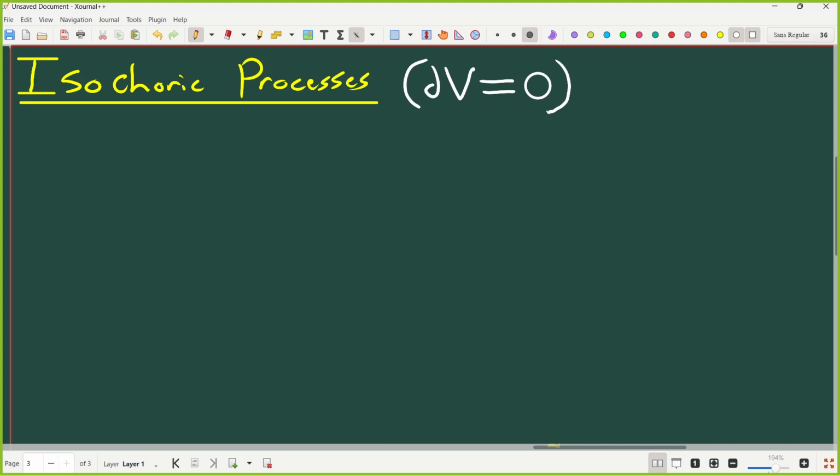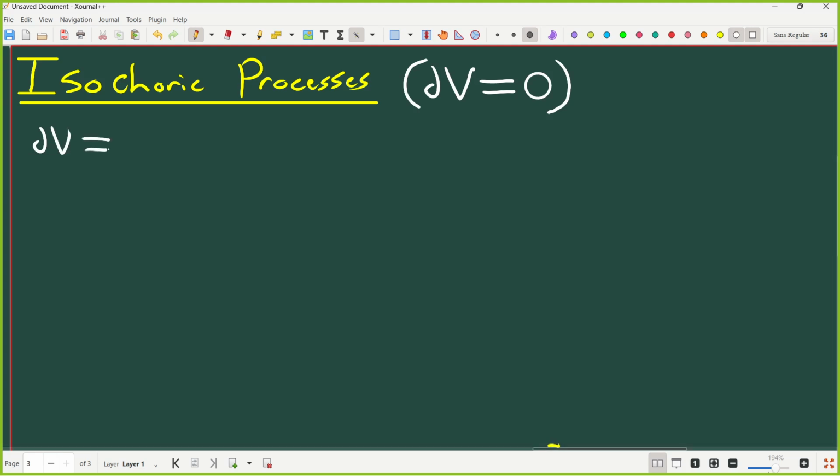Where we have something in a fixed volume, a fixed box, or a reactor, and we're just feeding heat into it. Right? We're heating and cooling it through heat, right? Because there's no work being done, right? If dV is equal to 0, this means that the change in work is 0, right? We're not doing any work.